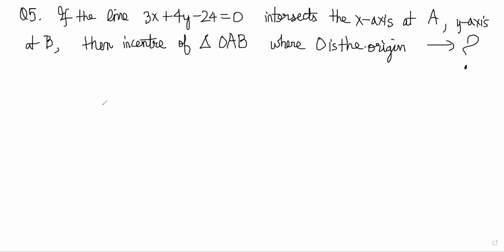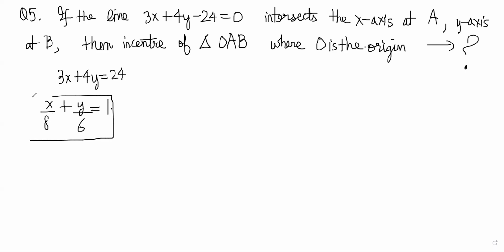Okay. So first of all, the line equation is 3x plus 4y is equal to 24. So we can write it as x by 8 plus y by 6 is equal to 1. And this is the intercept form of the line equation. So the x-intercept is basically the point 8, 0, and the y-intercept is the point 0, 6, right?